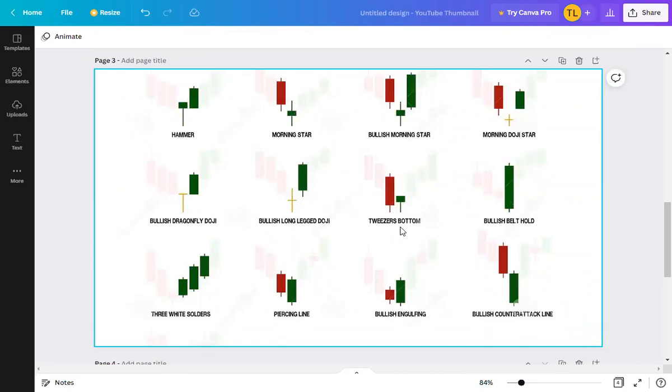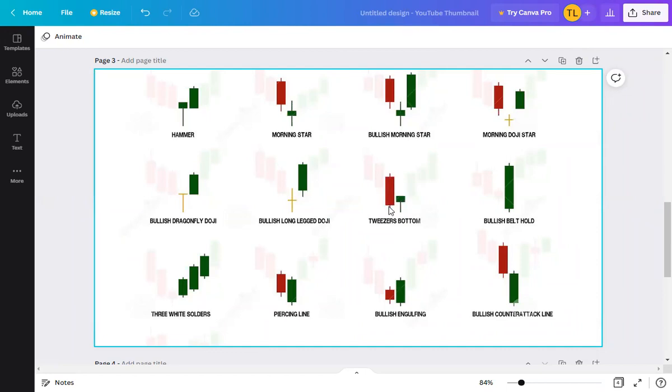All right, now we have what we call the tweezer bottom. The tweezer bottom is formed when you have a bearish candlestick form, and the next candlestick that formed was a hammer close to that bearish candlestick. Note that the bearish candlestick was a bit longer than the hammer.